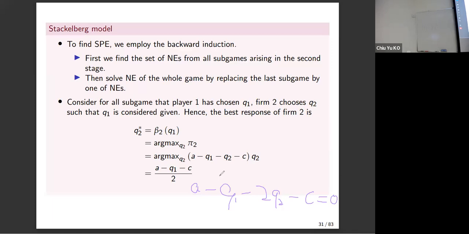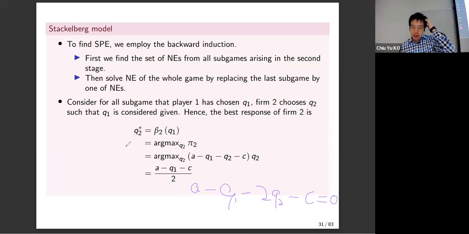Given Q1, this is an action, but I don't specify Q1. It means for every possible Q1, I map it to a Q2. It's a function, so it's not an action. This is a strategy. If I give you what Q1 is, it becomes an action. So be very, very careful. Although you don't have to write that down, you have to keep the distinction in your heart. There's a function there.